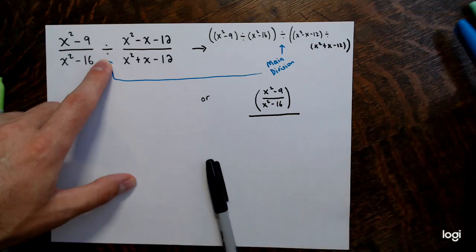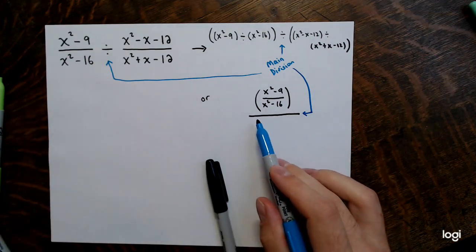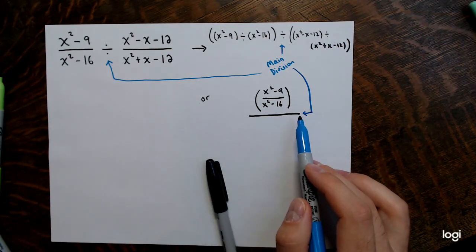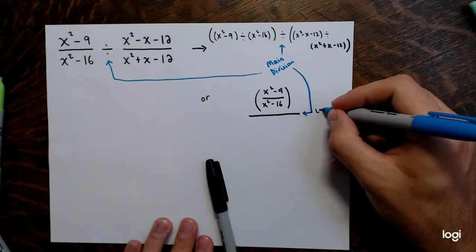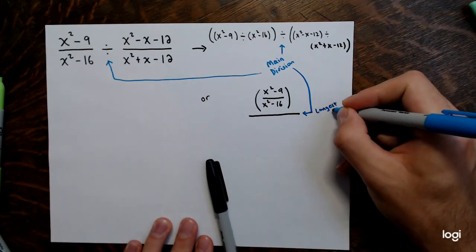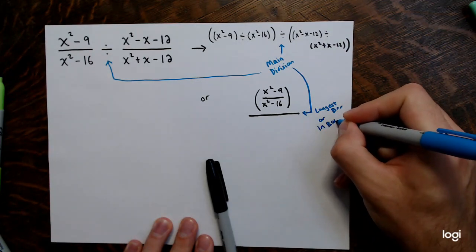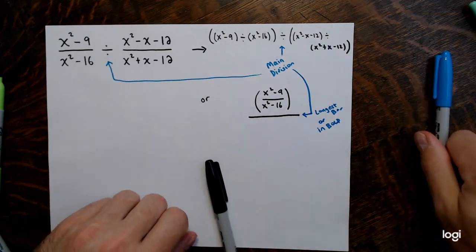In most textbooks, it's either going to be the longest fraction bar or it's in bold face, really thick.